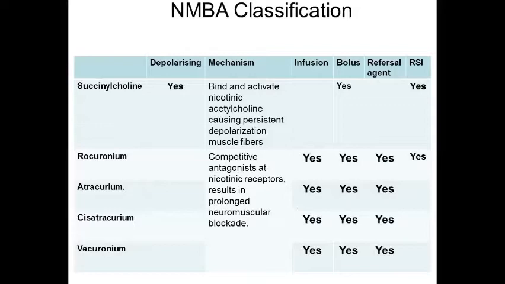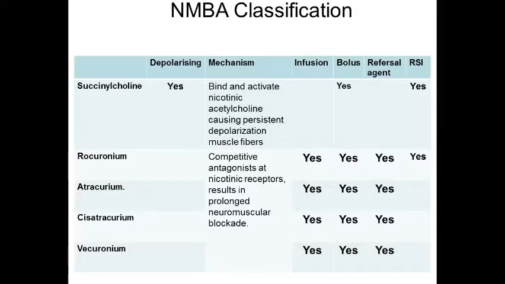Rocuronium, atracurium, cisatracurium, and vecuronium, they all have infusion and boluses as well, according to the need and the indications. And all of them have reversal agents, and there are 3 types of reversal agents that we can use. Sugammadex, one of them that we can use commonly for rocuronium, and neostigmine and pyridostigmine we can use as well.